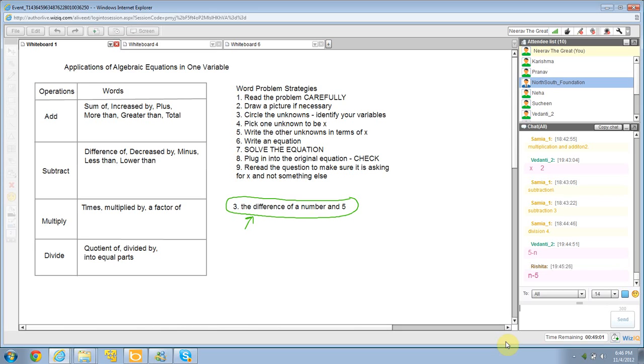So, let's take the sum of 3 consecutive odd integers, capitalize that so you guys don't miss this. I'll explain this again.